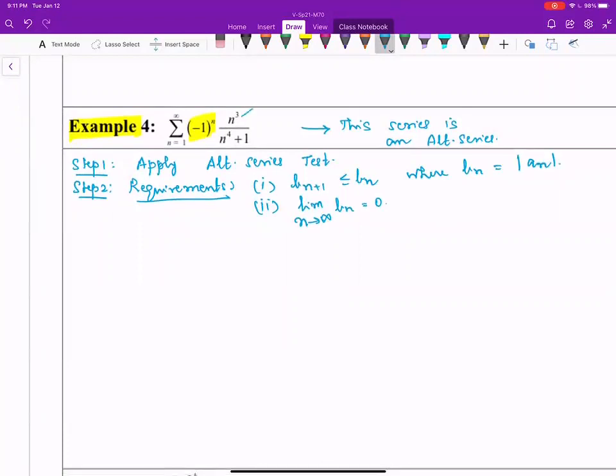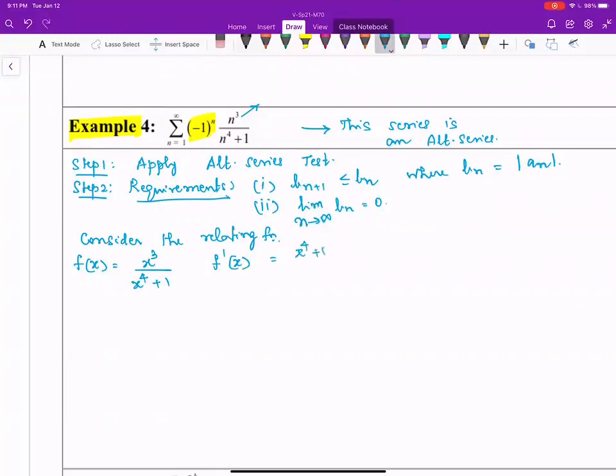Because the numerator involves n to the power of something, it's better we go for the related function. So consider the related function f of x equals x cubed divided by x to the power 4 plus 1. So what is the derivative? We'll apply the quotient rule.